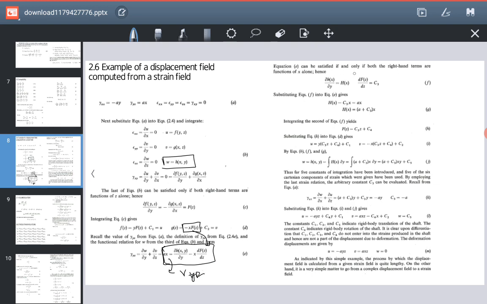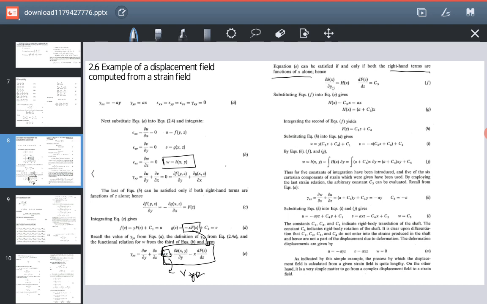So after forming this equation, it says that the equation E can be satisfied if and only if both right hand terms are a function of x alone. We can see here that the h is function of x and y, but it can only work if it's the function of x, because we have x over here.